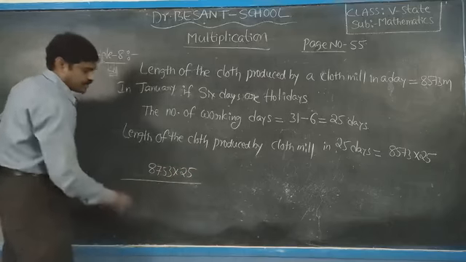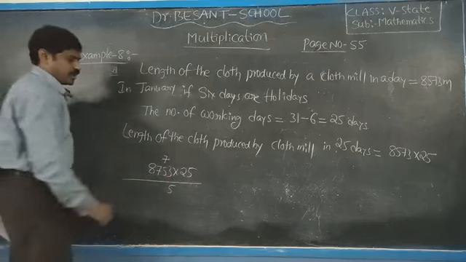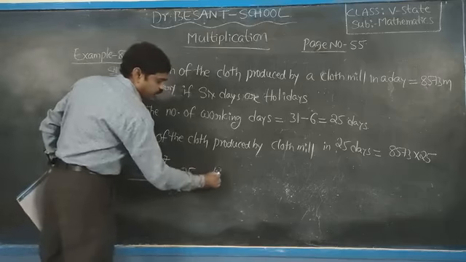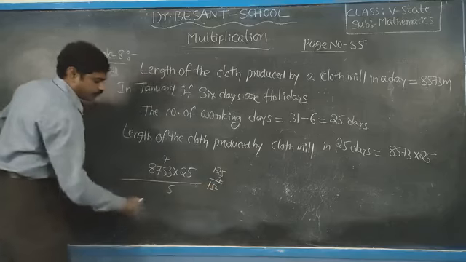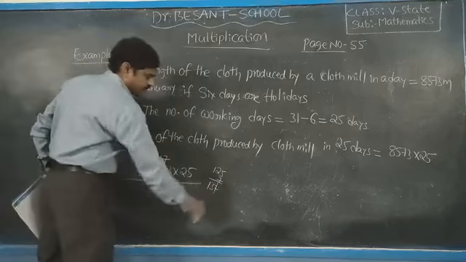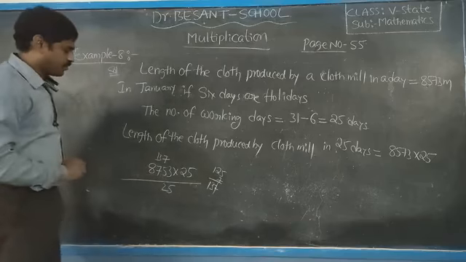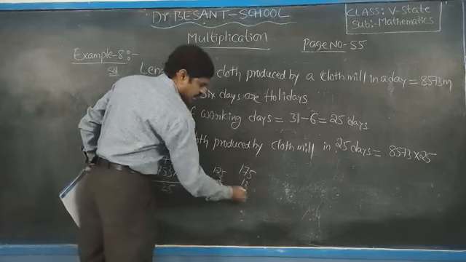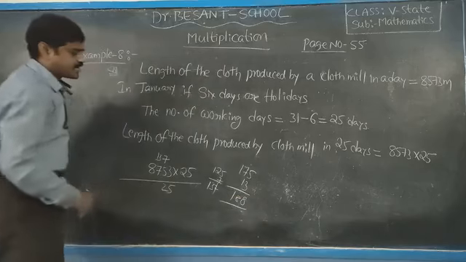25 3s are 75, 7. 25 5s are 125. 125 plus 7, that is equal to 132. So 13. So 25 7s are 175. 175 and 13, 188.